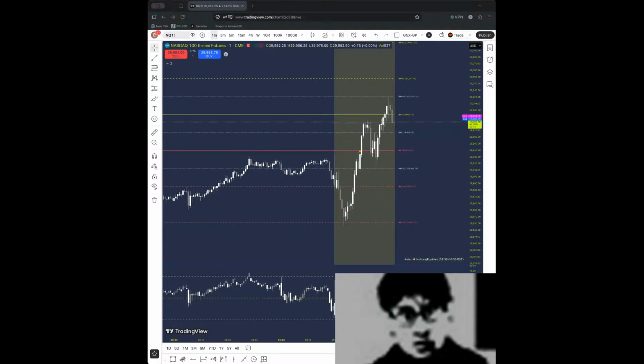Need them to set the trap right here. Back to the 50. Every time it looks like I got the top, I get excited and then they take another bite.